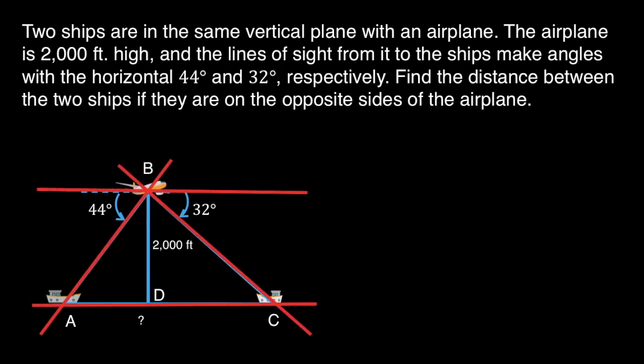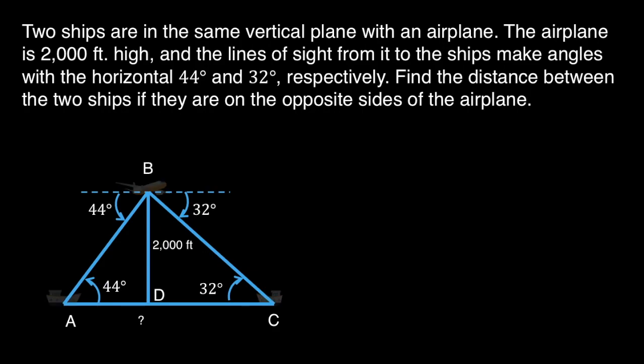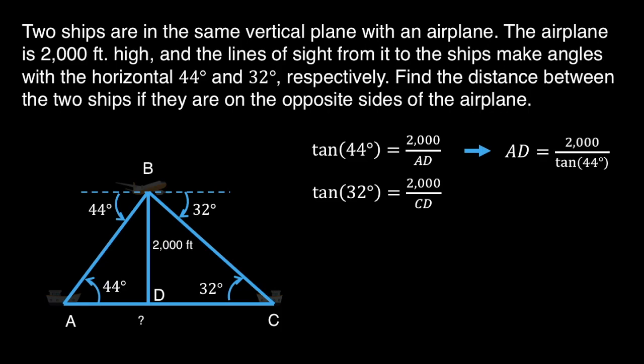As with the first problem, we're seeing two parallel lines cut by a transversal line. This means that angle BAD is also 44 degrees and angle BCD is also 32 degrees. For triangle ABD, we have tangent of 44 degrees equals 2000 over AD. We isolate AD to get AD equals 2000 divided by tangent of 44 degrees. For triangle BCD, we have tangent of 32 degrees equals 2000 divided by CD.